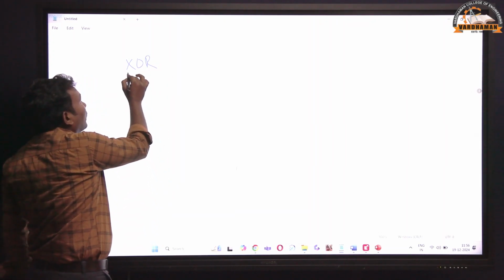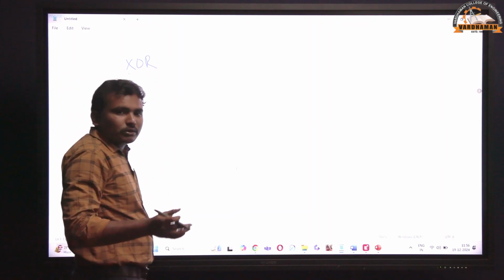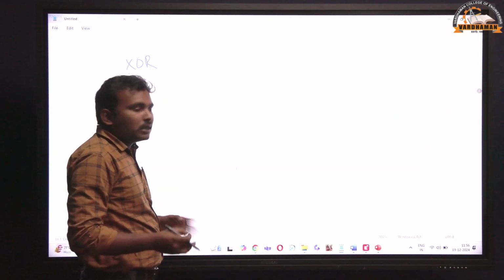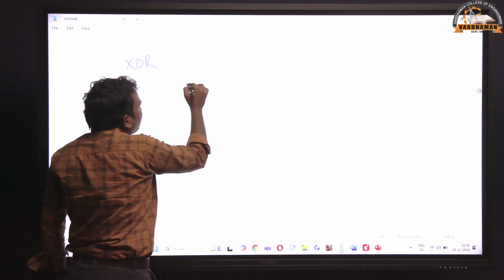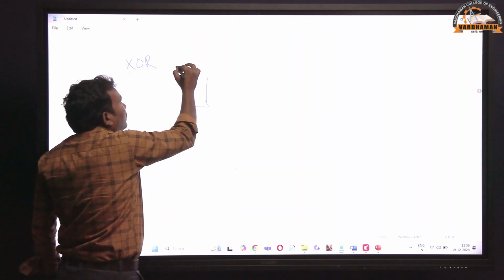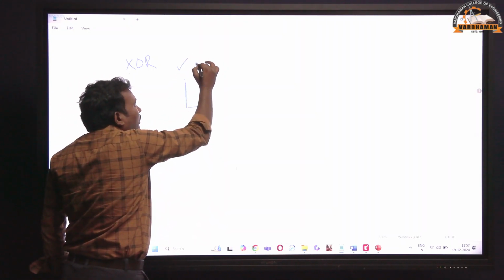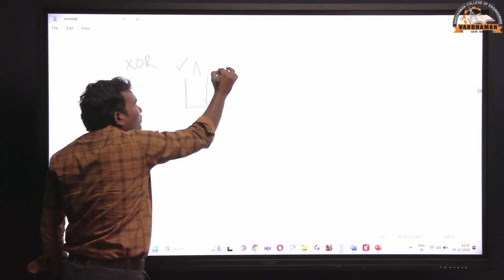XOR operation. Exclusive OR. What is the meaning of exclusive? When you are getting both inputs, either this one needs to be 1 or that one needs to be 1.